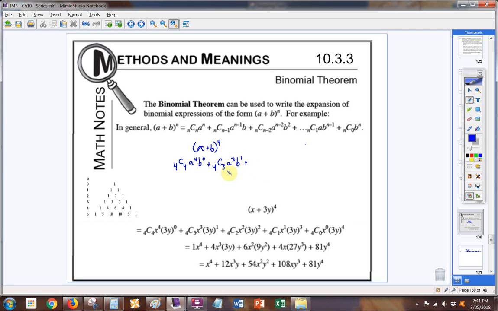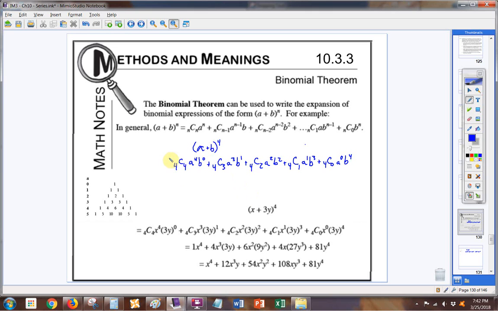For our next one, we had 4C3, we're going to do 4C2. This becomes a squared, b squared. Then 4C1. The a power keeps going down, so now we're at a to the first. The b power goes up to 3. And then finally 4C0. Now we're at a to the 0, b to the fourth, and we're done.